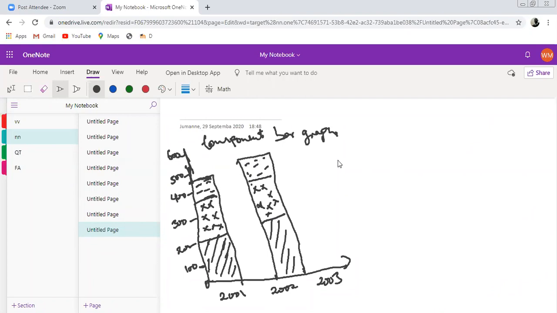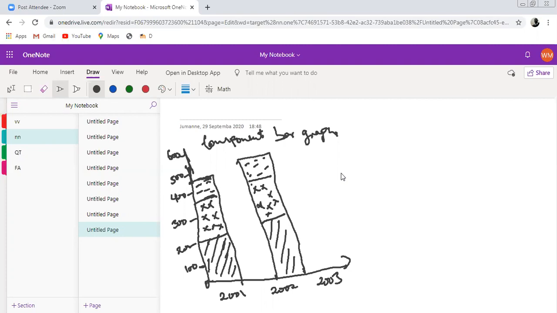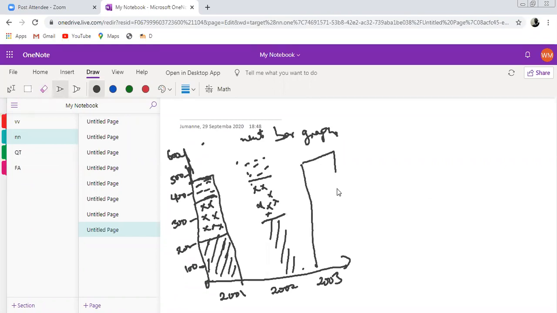Then you do exactly the same for the year 2003. You get the total, which is 530. So your bar should have a height of 530. So do the component for the maize.